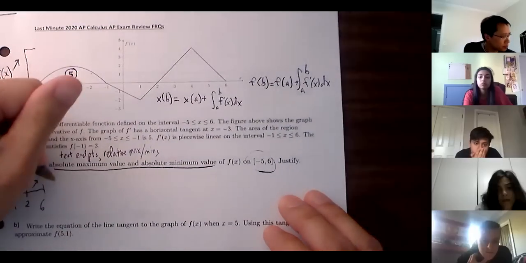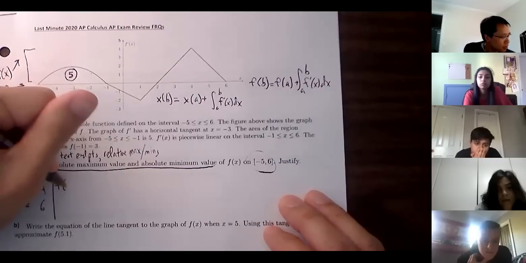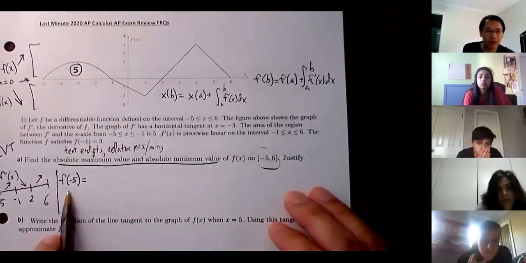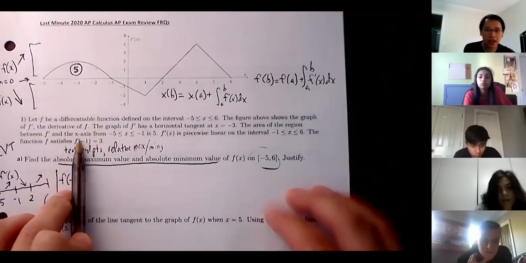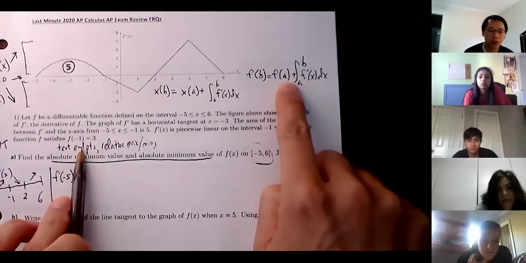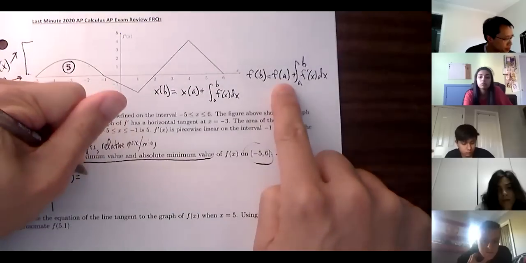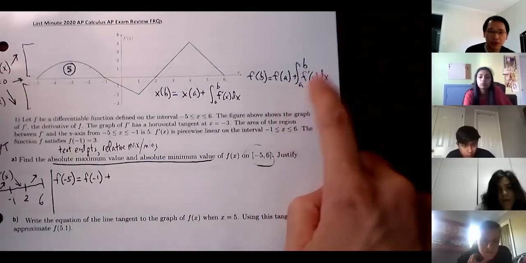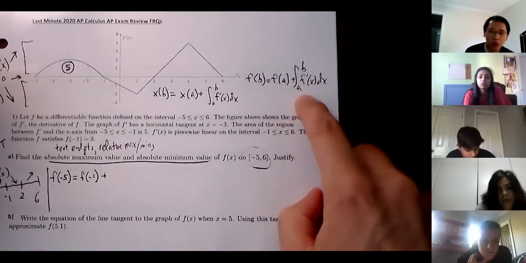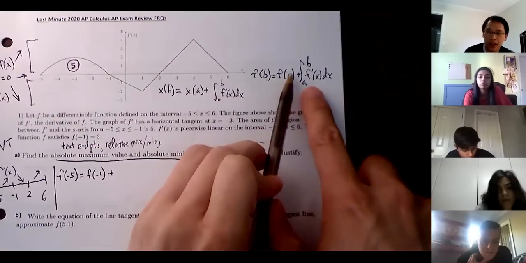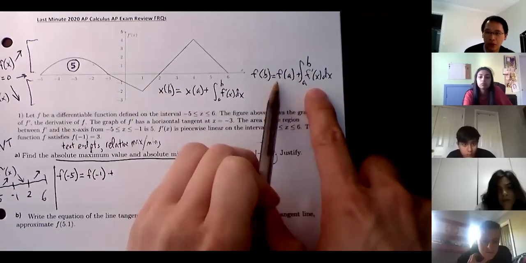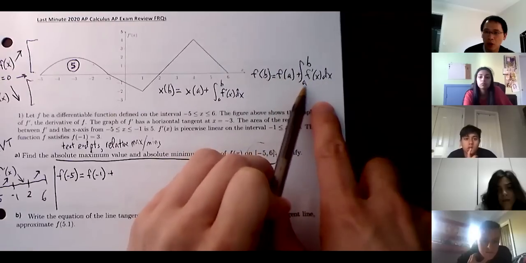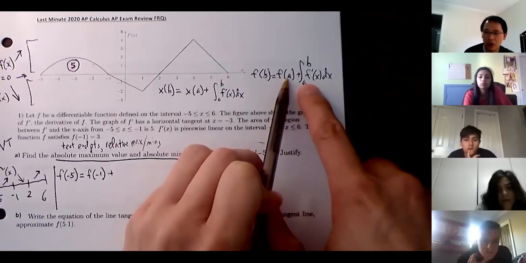Okay. So let's find f of -5 first. So f of -5, we're always going to start here. We're always going to start at our starting point, our given point. And then the integral from -1 to -5. I know we're going backwards, but you want to make sure that when you start off with final position equals initial plus displacement, your lower bound is always going to have to be where your starting point is.